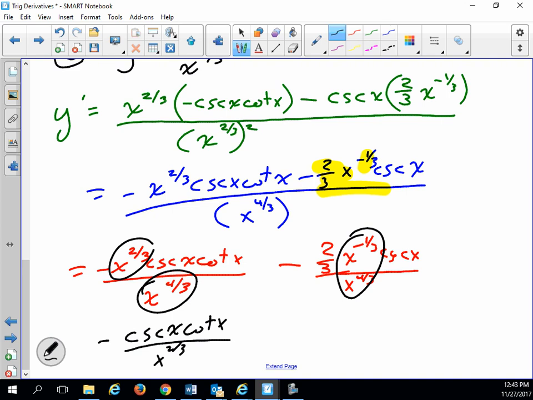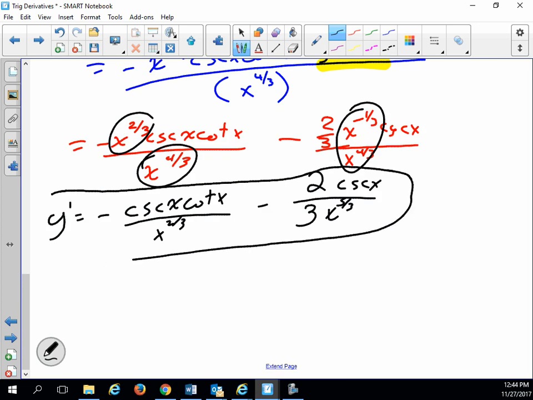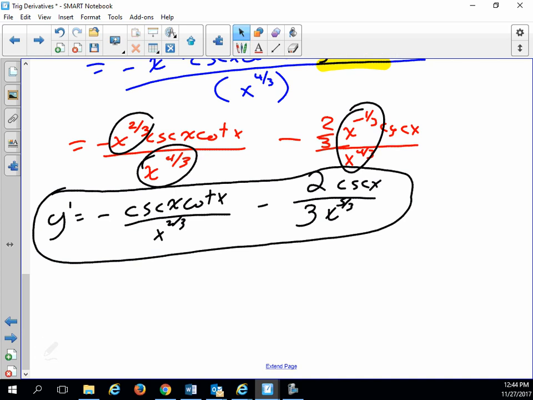I can simplify these two. That gives me x to the 5/3 cosecant x. This 2 goes on the top, but 3 goes on the bottom. Here's one simplification of this. Here is the other simplification.